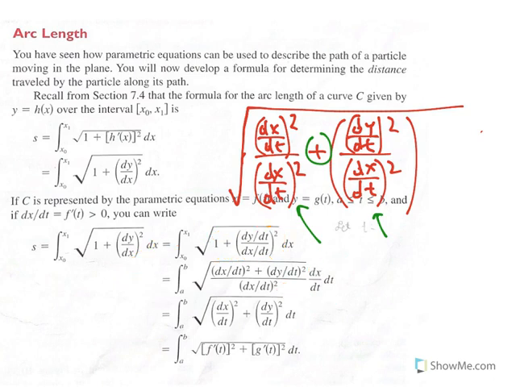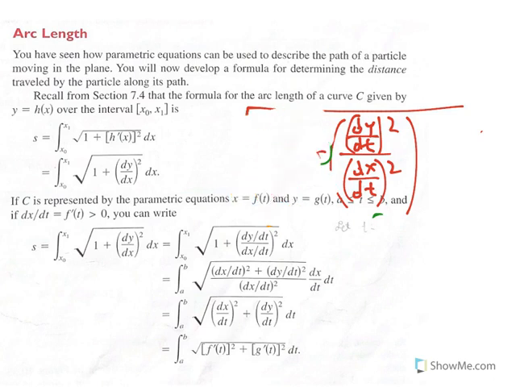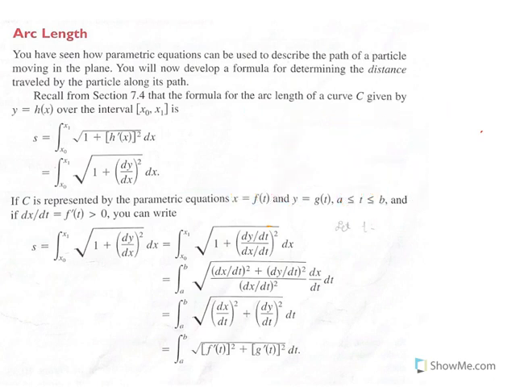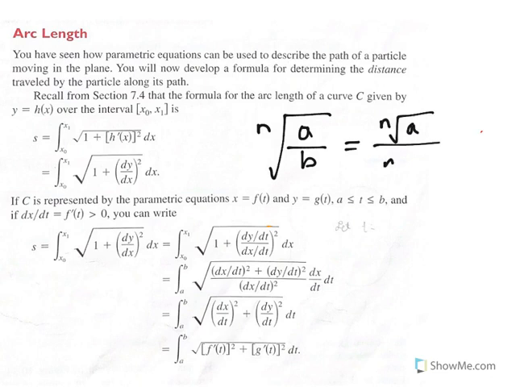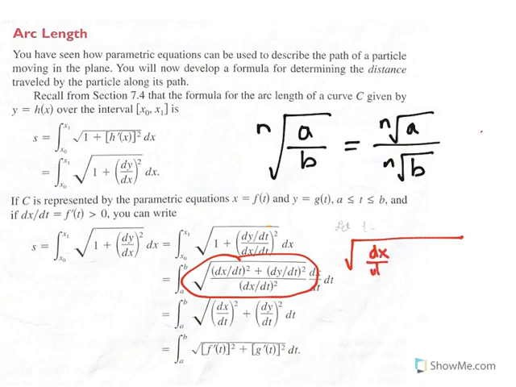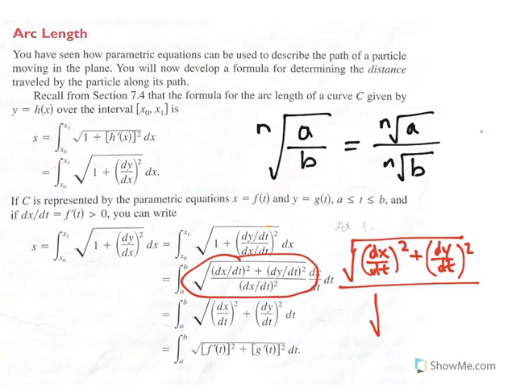So now that we have that, you can apply a property of radicals, a property of nth roots. If you have the nth root of a over b, you can write that as the nth root of a over the nth root of b. So using that, you write what we have here as the root of the numerator over the root of the denominator.